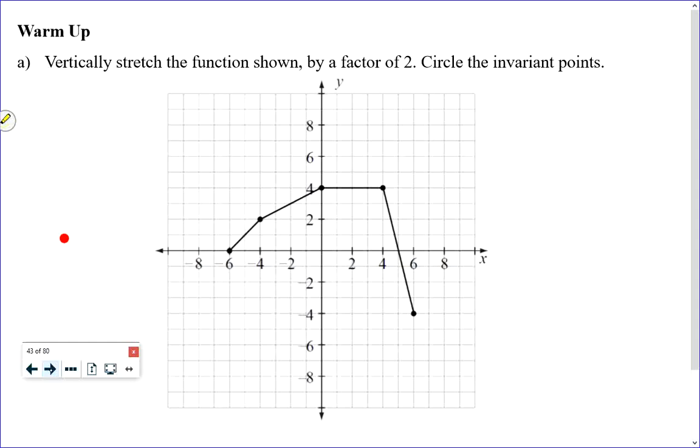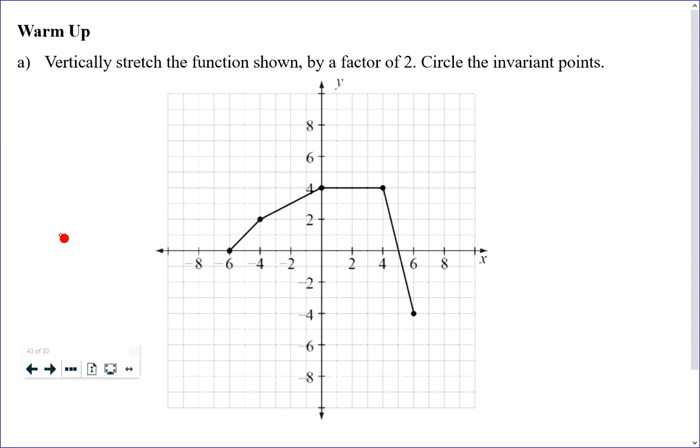When this says we want to stretch this graph vertically by a factor of 2, what that means in this course is every point is going to move twice as far away from the x-axis. We're not just going to arbitrarily draw this thing twice as tall. It has to be stretched in a certain way.